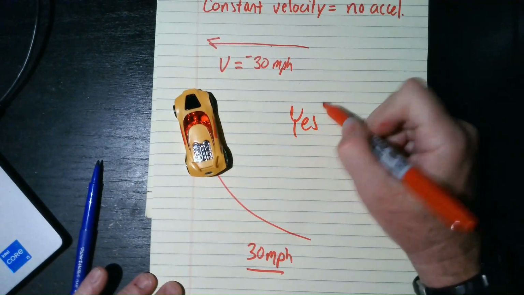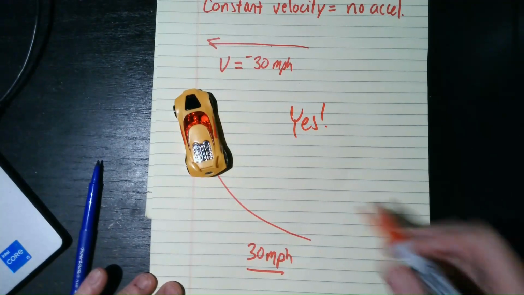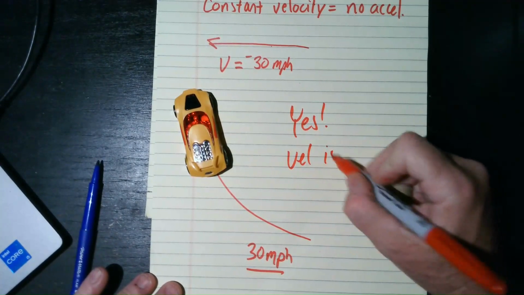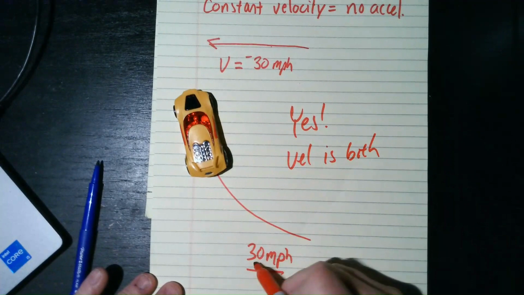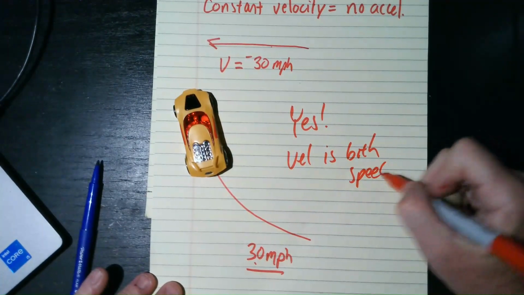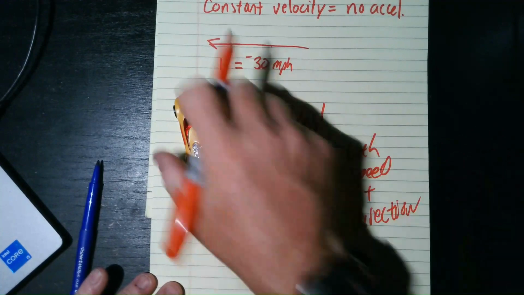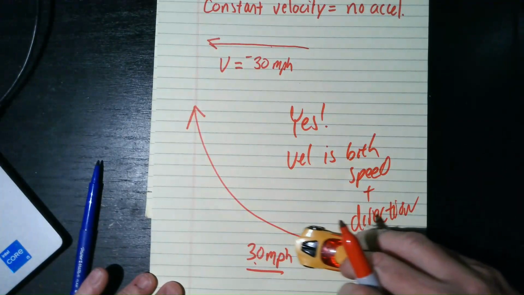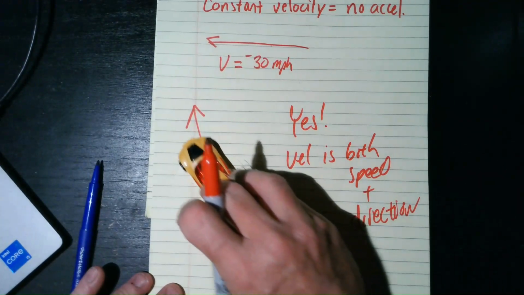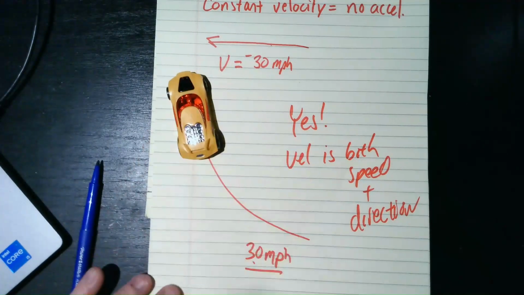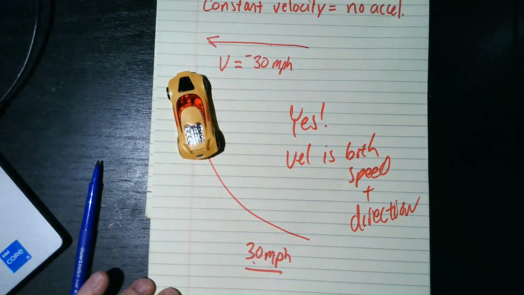The answer is yes, because remember, velocity is both the speed and the direction. So think about this path. Even though the speed stayed at 30, when the car goes around a corner, around a curve, it is changing direction.